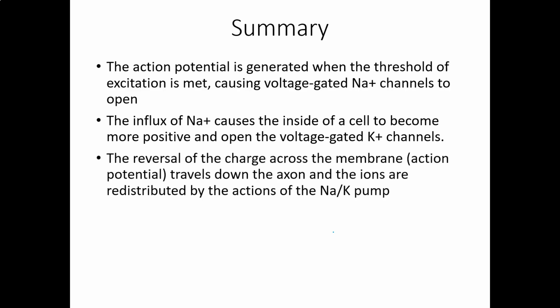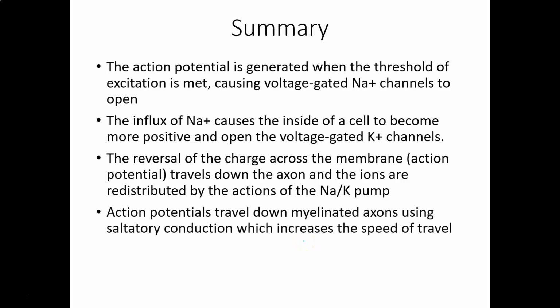The reversal of charge across the membrane, which is the action potential, travels down the length of the axon, and then the ions are redistributed back to where they're supposed to be based on the actions of the sodium-potassium pump. Action potentials travel down myelinated axons through saltatory conduction, which increases the speed of the action potential.